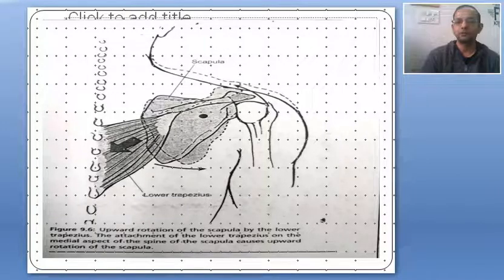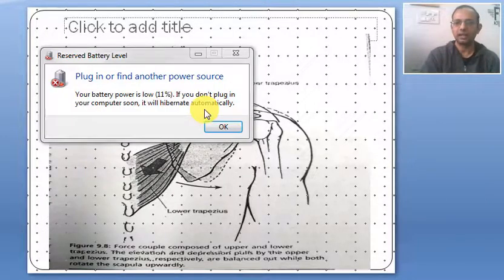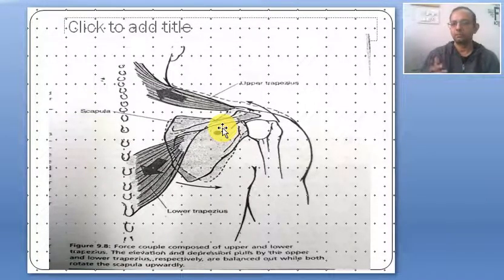Now, as we have talked about the lower trapezius, we'll see how the lower trapezius and the upper trapezius function with each other. We know the upper trapezius is elevating the clavicle also. It is producing the elevation, and at the same time it is also helping in the upward rotation of the scapula, and the lower trapezius is actually depressing the scapula.